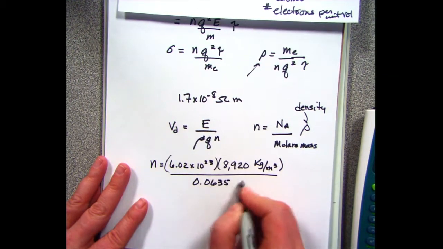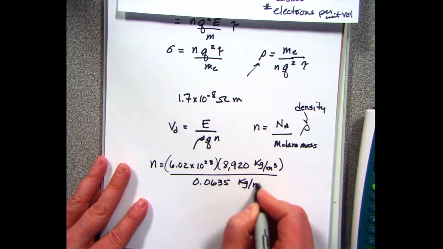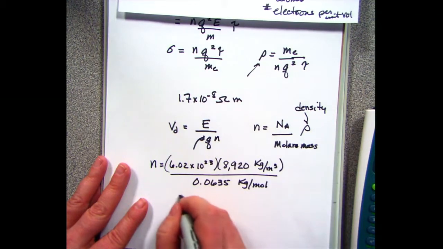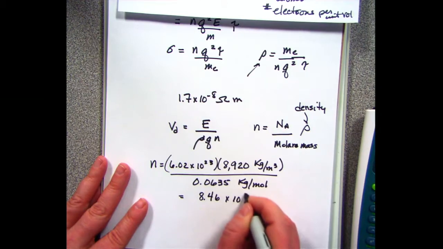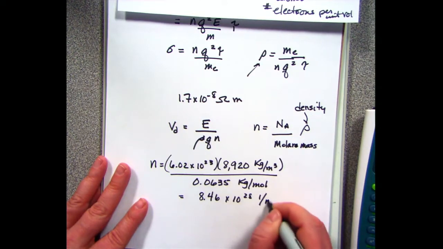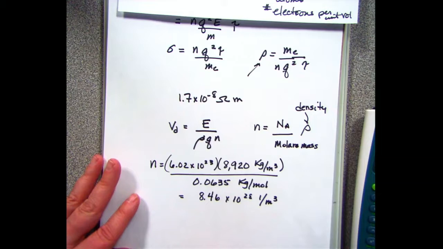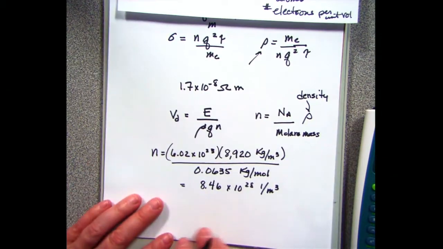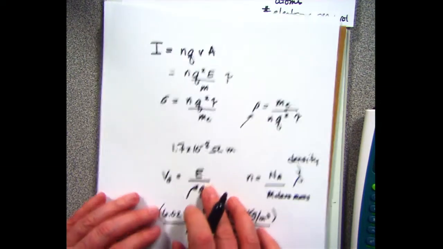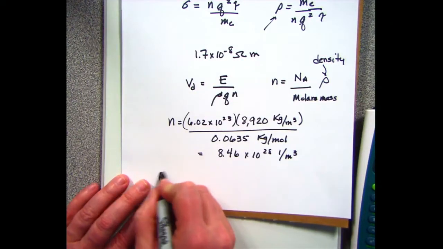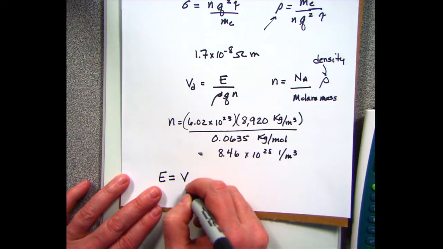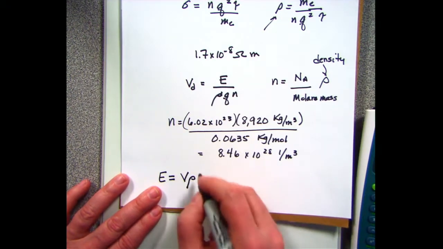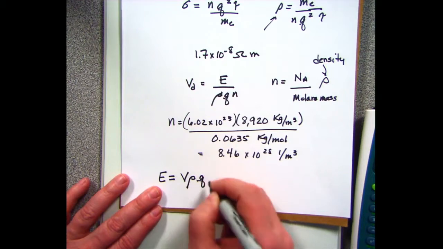And if I rearrange all this stuff back here, E equals the drift velocity, the resistivity, the charge, and the number of electrons. We were given the drift velocity in the problem, 7.84 times 10 to the minus 4. Resistivity we get from a table.